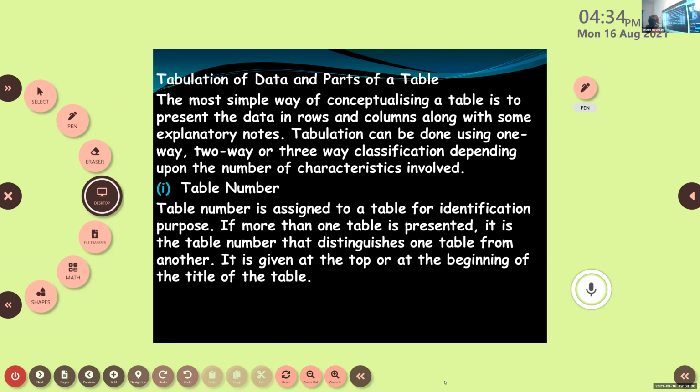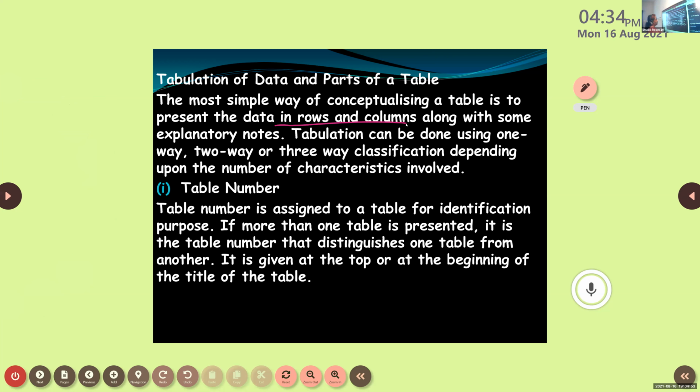For constructing a table, there should be some parts, and we have to arrange them. When we arrange these parts of the table, we will get a proper table. Now, how are we going to do that? We have to present the data in rows and columns along with some explanatory notes. That I will explain, how it is to be done.